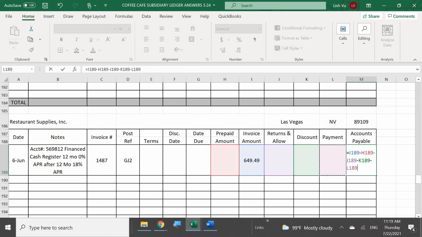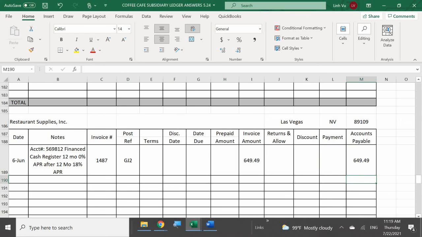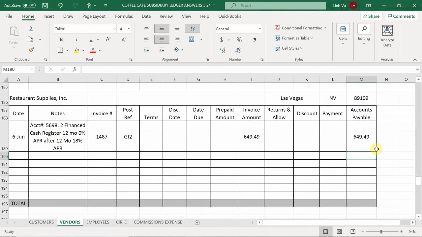So then in this case, if I press my enter key, I owe Restaurant Supplies $649.49. And that is true. I do owe them $649.49. Okay. So once again, you could drag that formula down because we're going to keep purchasing stuff from Restaurant Supplies. So I'm going to go ahead and pull down that formula all the way down.